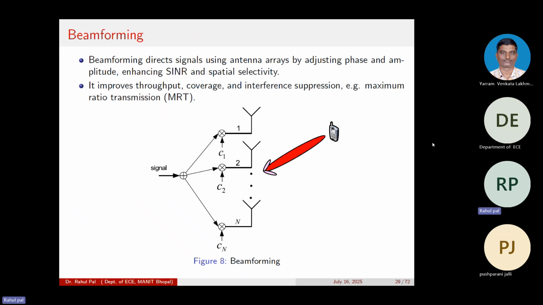Suppose I have to transmit one signal in a particular direction. What can we do? For example, I can design a system that transmits the signal to the entire group of users. Another option is to design a system that transmits the signal only to the target user.